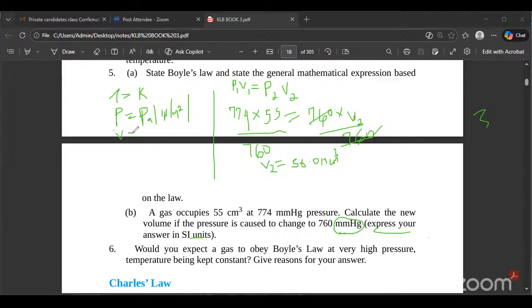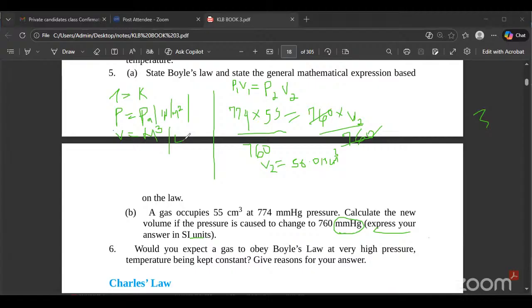Volume: the SI unit of volume is meters cubed. Now, we normally argue that volume is in liters, but it is very important for you to know the SI units.